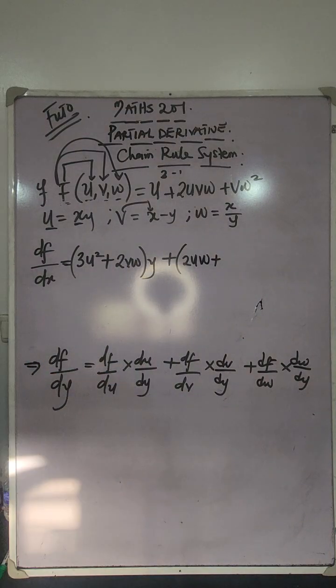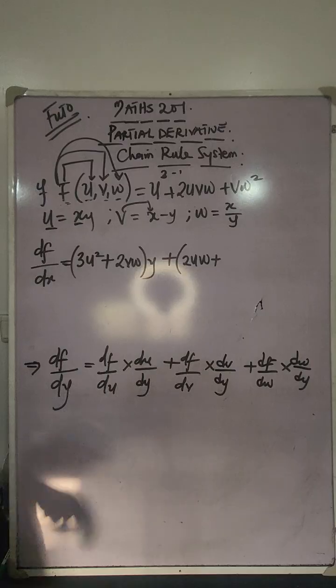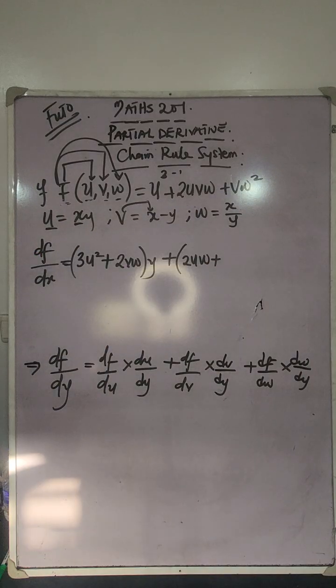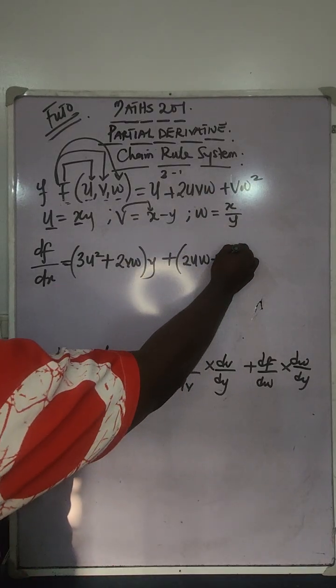2uw plus df/dv multiplied by dv/dx. Now if you differentiate with respect to v here, what do you have? You have w squared here.